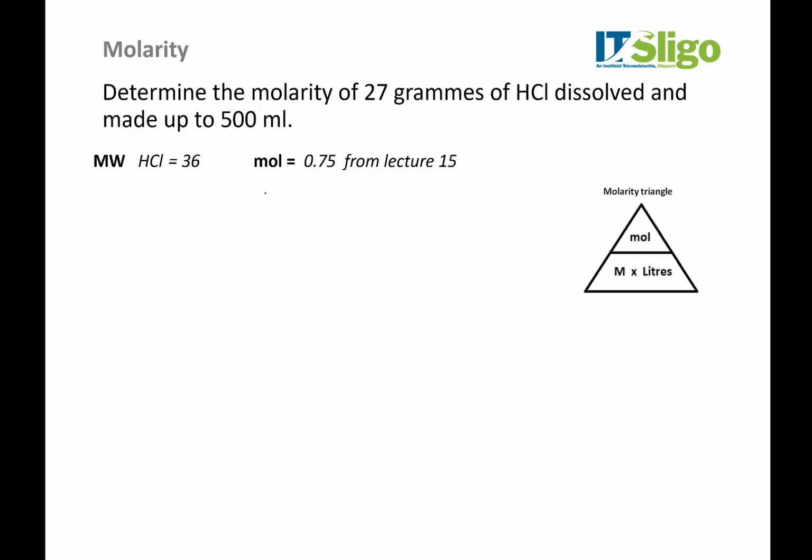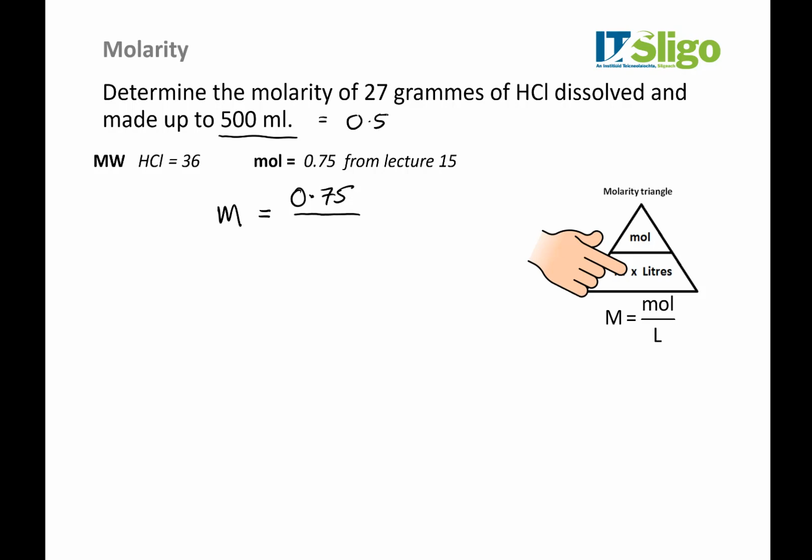Now we're going in and taking a look at the other triangle. We want to determine the molarity. So molarity is moles over litres. Molarity, moles 0.75. And litres, guys, we want to go from 500 mil. That's 0.5 litres. And we can use our unit conversions to confirm that if we need to.